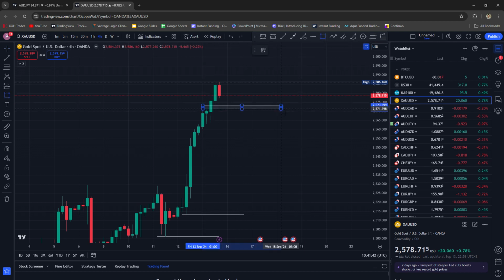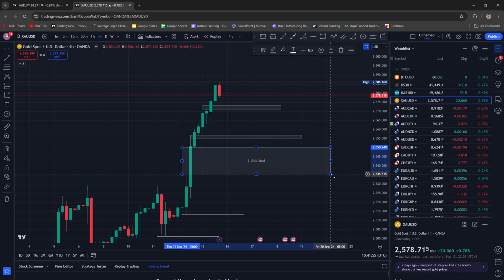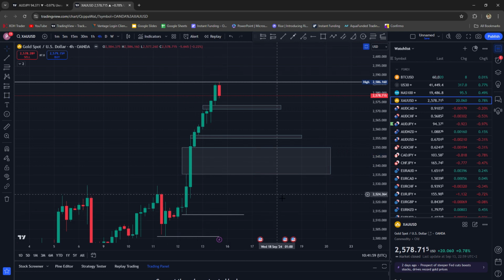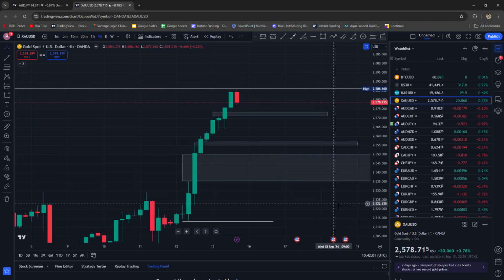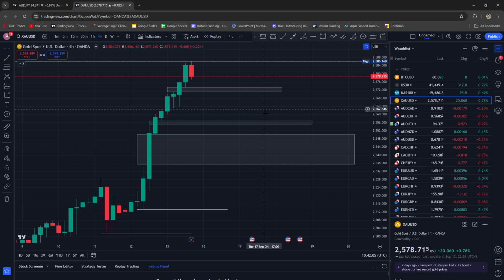Fair value gap here, and another fair value gap here too. Then there's a big fair value gap here, and that's the only fair value gap I see.